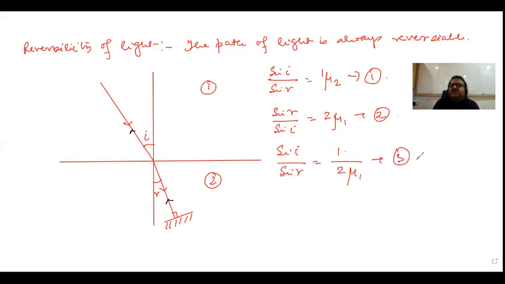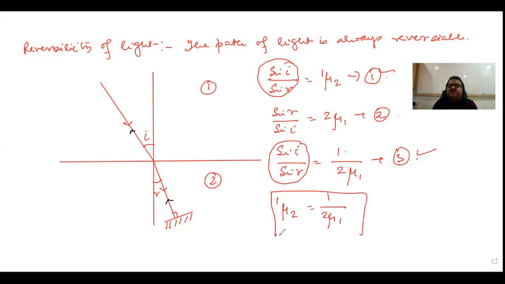Call it equation 3. Now look, if you check equation 1 and equation 3, the left hand side of both is sine I by sine R. If I equate them, 1 mu 2 is equal to 1 by 2 mu 1. This is a very, very important relation for everyone. Is it clear? 1 mu 2 is equal to 1 by 2 mu 1.